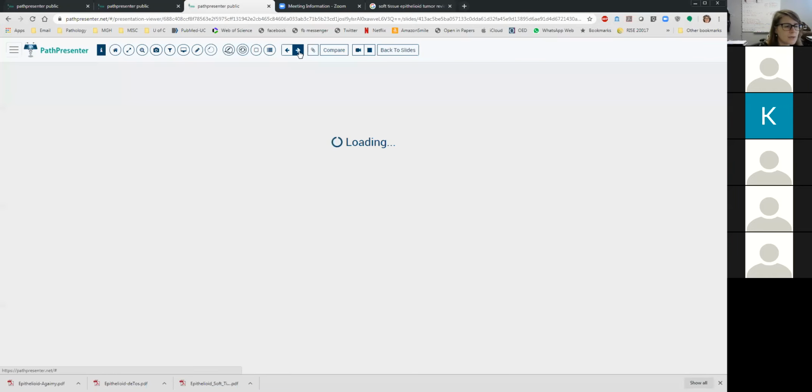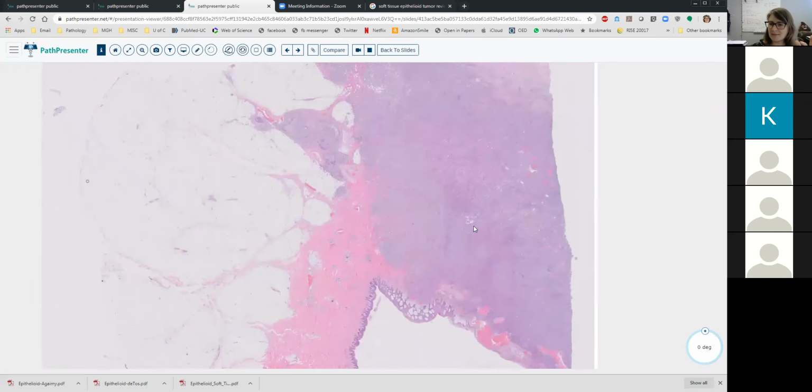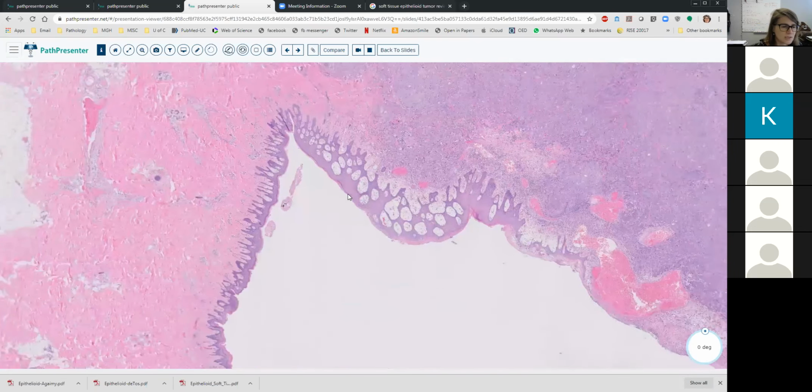Chromatin remodeling. Okay, so I'm going to show you another example. The epithelioid sarcoma, we have to think about as being on the distal extremities, so type 1, and on the proximal trunk. This is an example of it on the proximal trunk. So this was a chest wall mass.